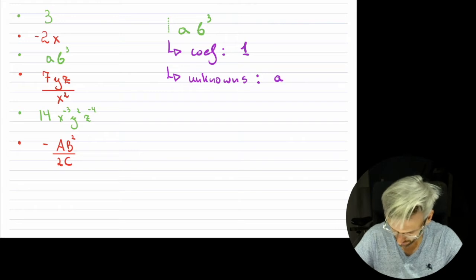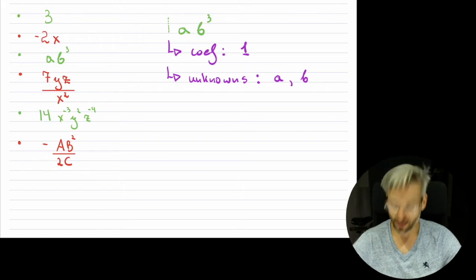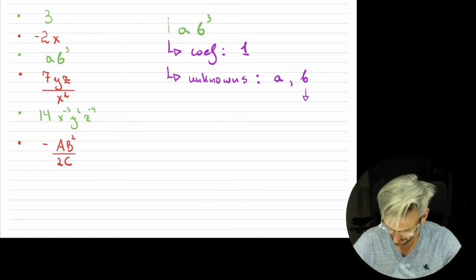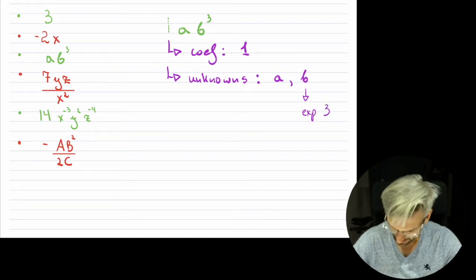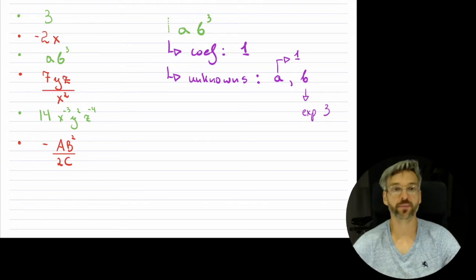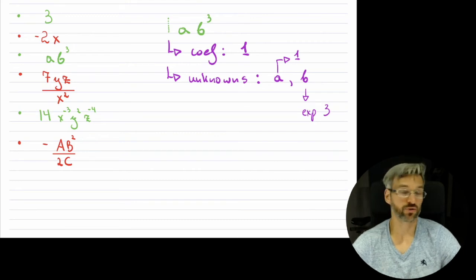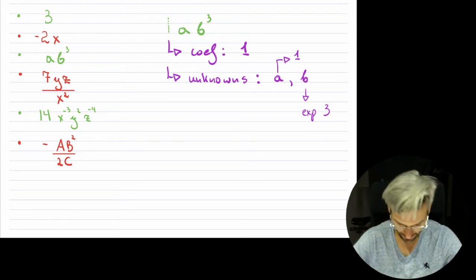I have the unknown of a, so I don't know what a is, and I don't know what b is. Now b turns out to have an exponent of 3, and a has an exponent of 1. And notice this is, again, just multiplication. So in this case, it's a multiplied by b cubed. That coefficient in front is hidden. But this is a term, because there's no additions or subtractions anywhere here.